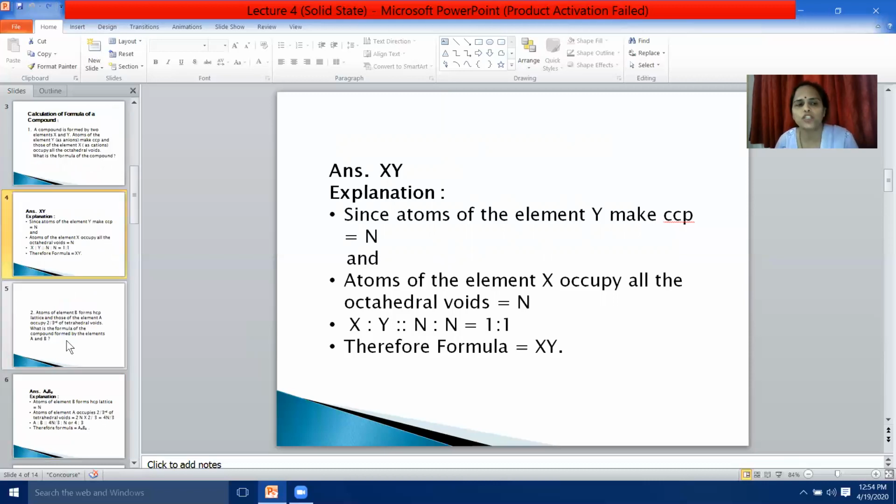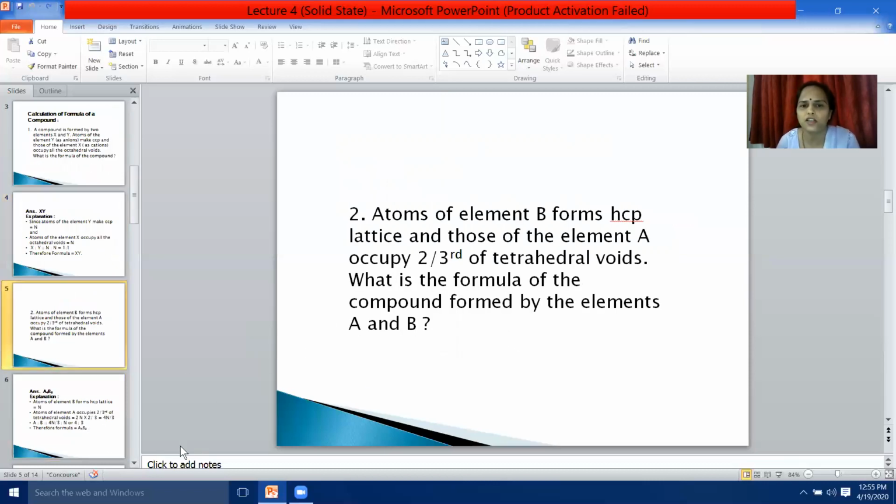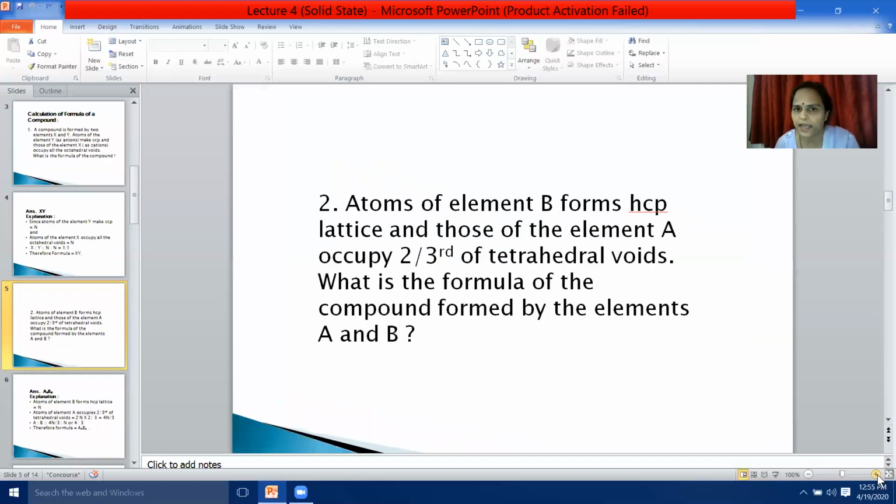The second question which I am dealing with is on the screen. Atoms of element B form an HCP lattice and those of element A occupy 2/3 of tetrahedral voids. What is the formula of the compound formed by the elements A and B?